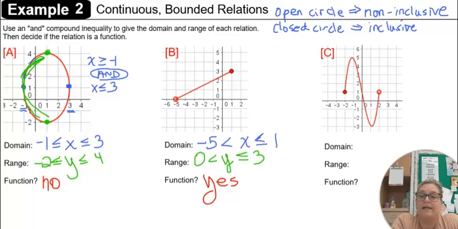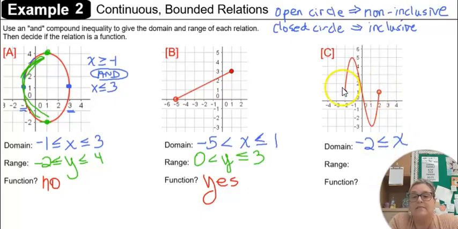Okay, let's try this third example. So here we've got a piece of a cubic function, and our lowest possible x is at -2. That's a closed circle, so we're going to use a less than or equal to.